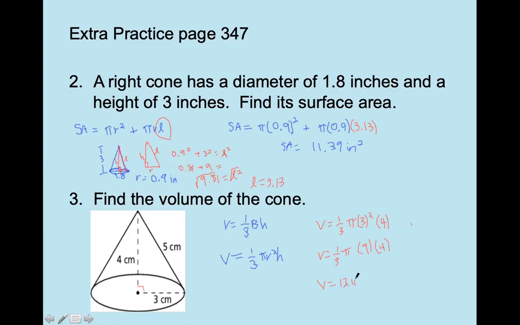And you can leave it like that unless they ask you to round to a certain number, but I could certainly write it as 12 pi, or if you multiply by pi, that ends up being 37.7. Centimeters is our unit this time, so centimeters cubed.